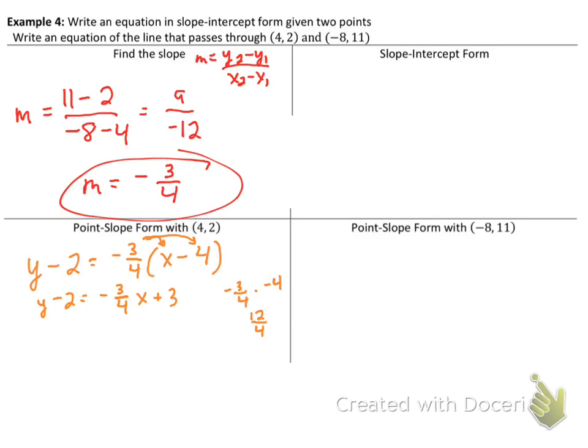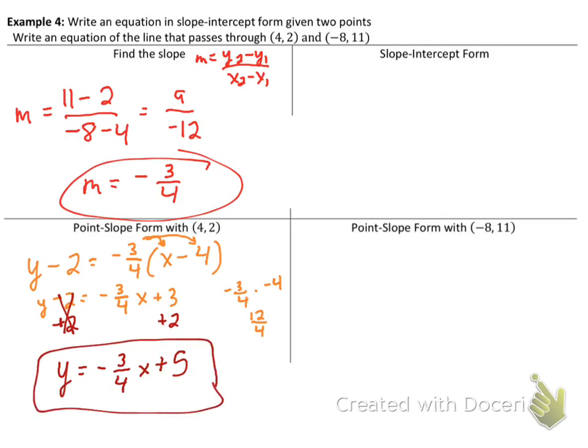Okay, so all I have to do to close this out is add 2 to both sides. If I add 2 to both sides, the equation of this line is going to be y equals negative 3/4 x plus 5. So that's the equation of the line.